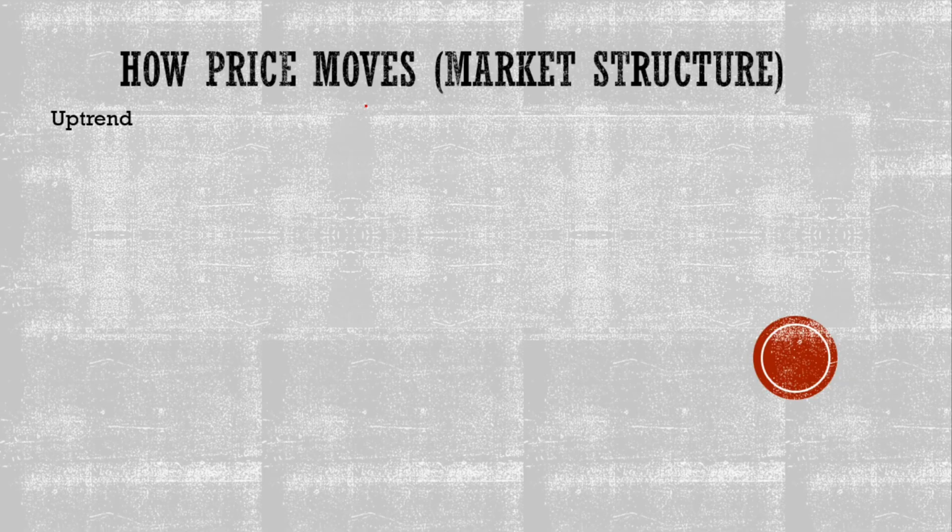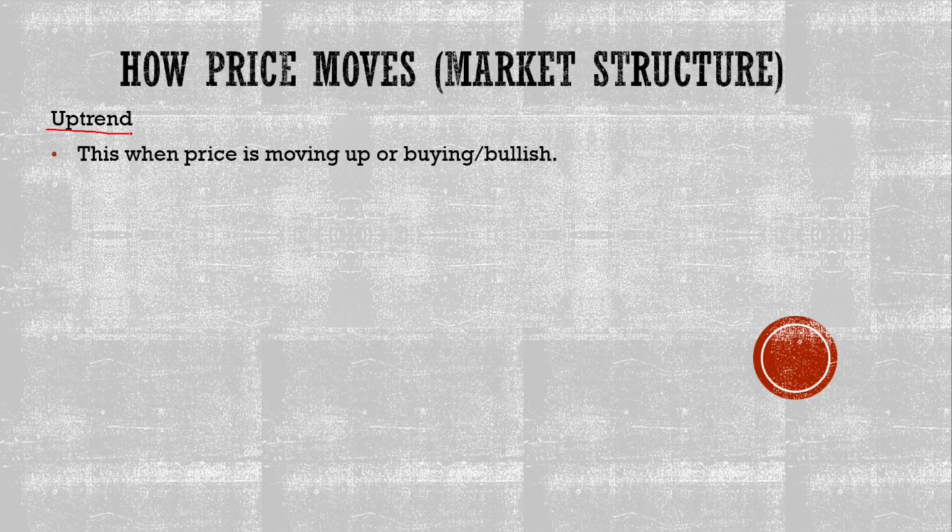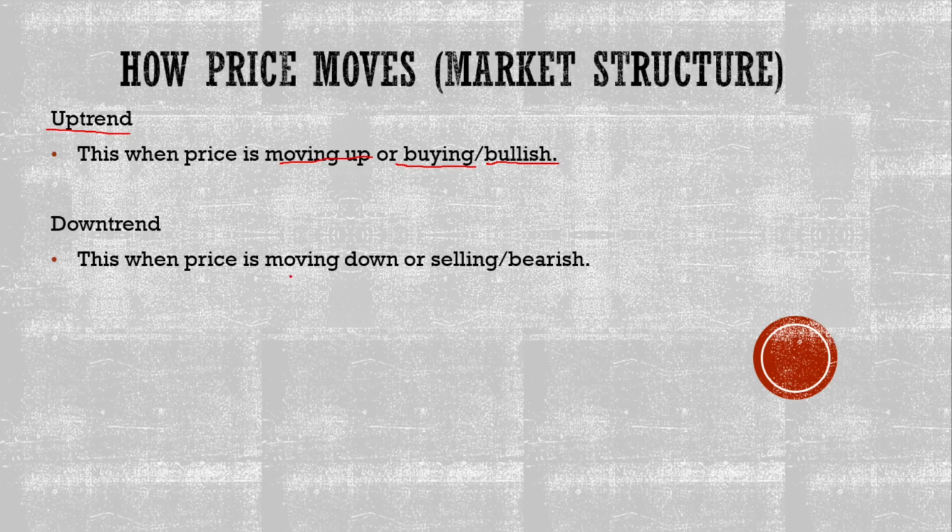Let's start with an uptrend. If they say the market is in an uptrend, what that means is price is moving up, or buying, or the trend is a bullish trend. A downtrend means price is moving down, or selling, or is in a bearish trend.